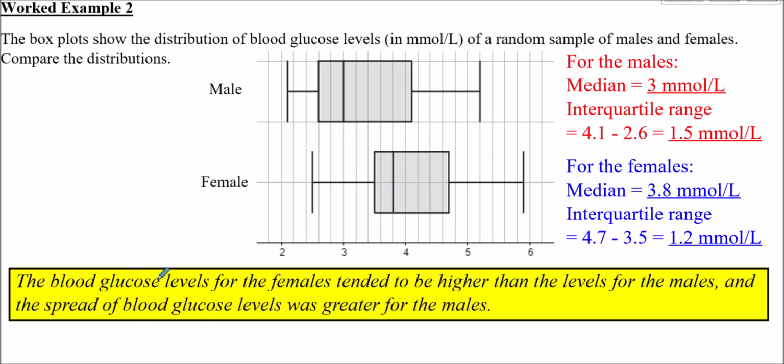If the median's higher, you can say that the blood glucose levels for the females tended to be higher on average, as it were. Median is a measure of average. And then make reference to the spread, which is to do with the interquartile range. So then say, and the spread of blood glucose levels was greater for the males. That's because the male interquartile range is greater than the female interquartile range.